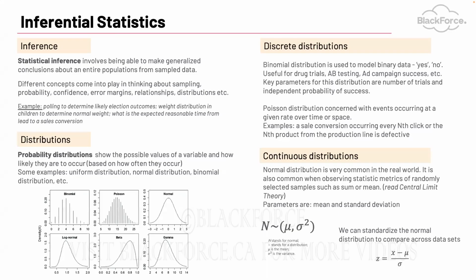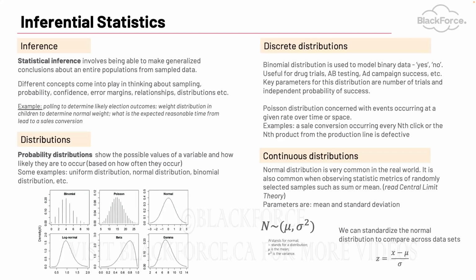So statistical inference: you're trying to make generalizations or conclusions about the entire population, that higher level, based on the sample. And that's really important, right? Because, and that's the question, I've forgotten who asked me yesterday, how do you pick the sample?